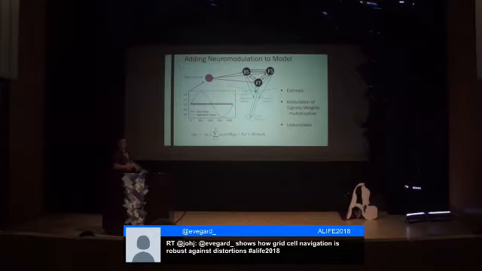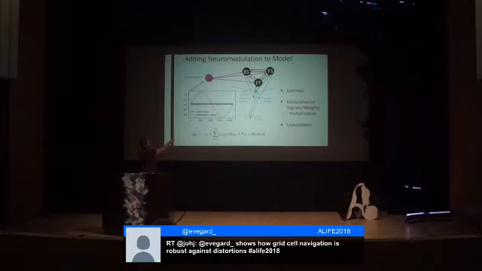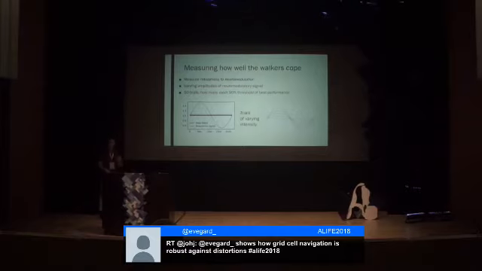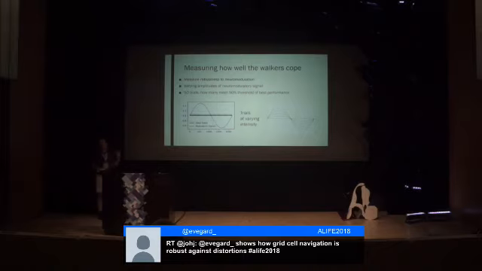And then we vary, are we amplifying or dampening the input throughout the entire time? So right here, each of these steps effectively is getting tested at a variety of different levels. We wanted to have a measure for how well a walker actually copes with this signal.